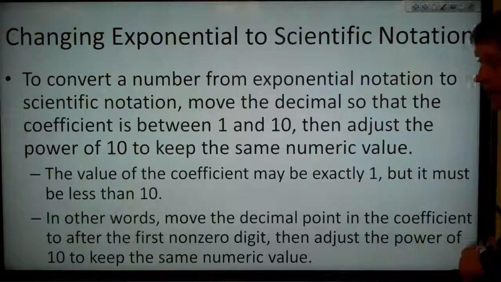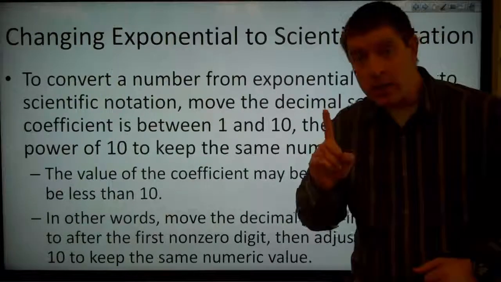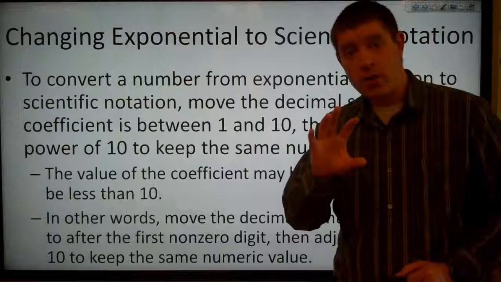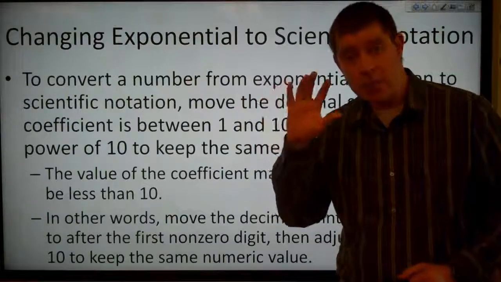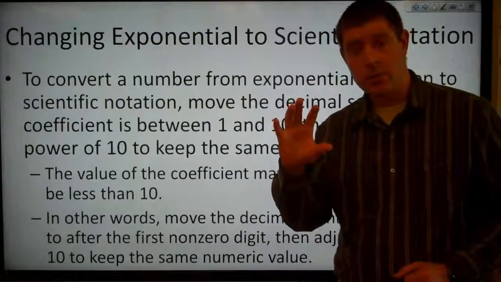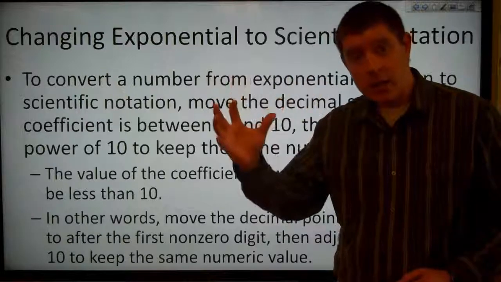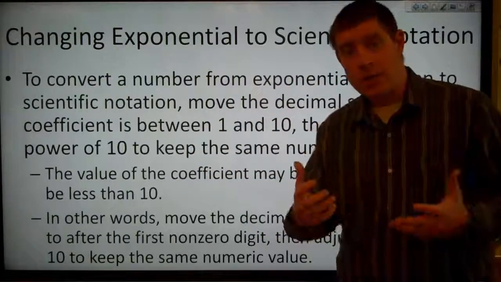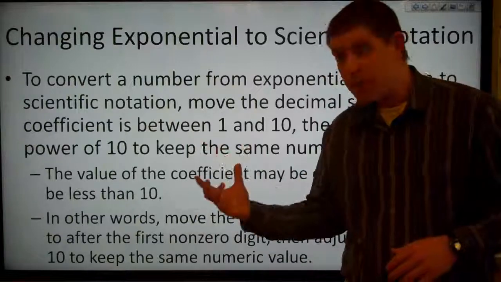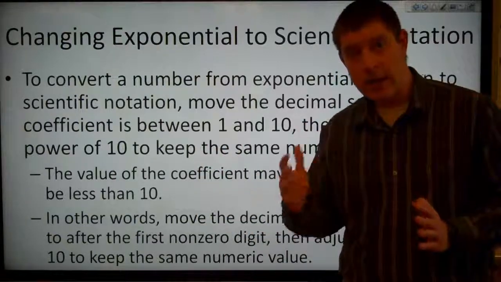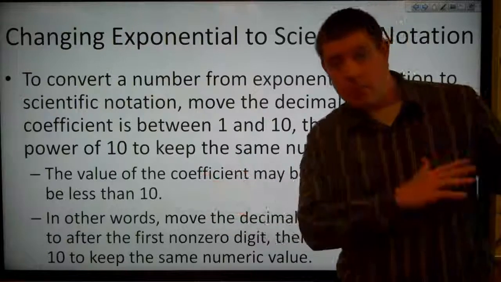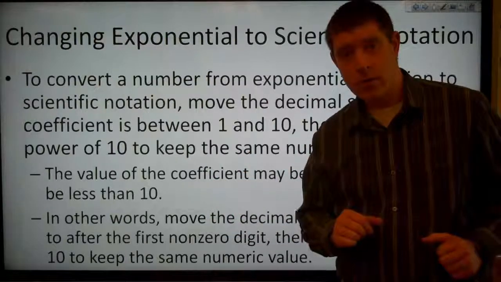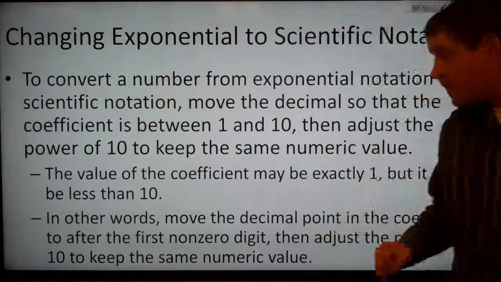Which means that you basically only have one digit to the left of the decimal point. That digit must not be a 0. It can't be 10, you can't have 12 point something in scientific notation. It must be a digit between 1 and 9, and then some number of decimal places thereafter.